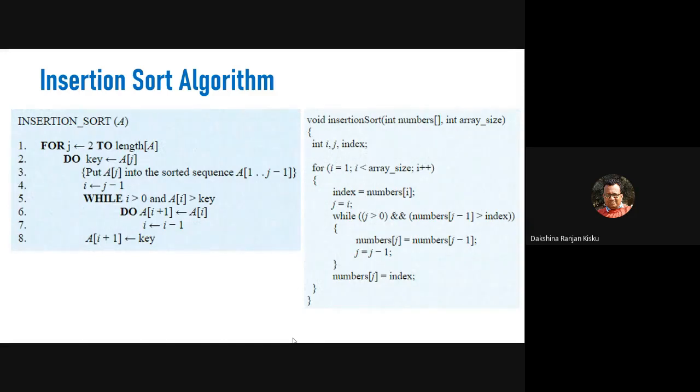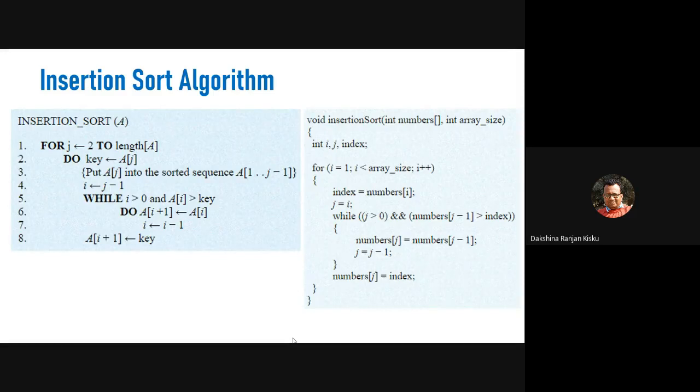So here we get AI plus 1 assigned from AI, and then I will be decremented by 1. So I will be I minus 1, and then AI plus 1 will be the key value.